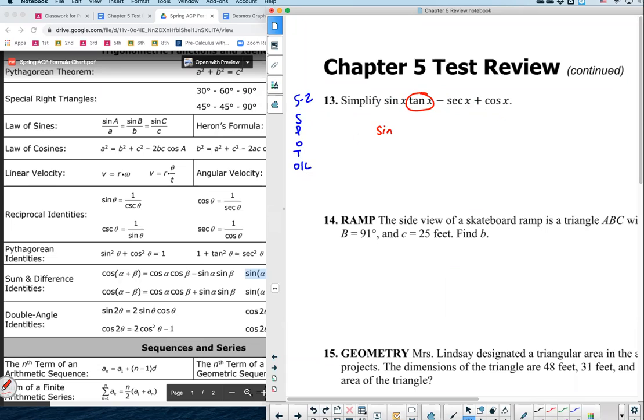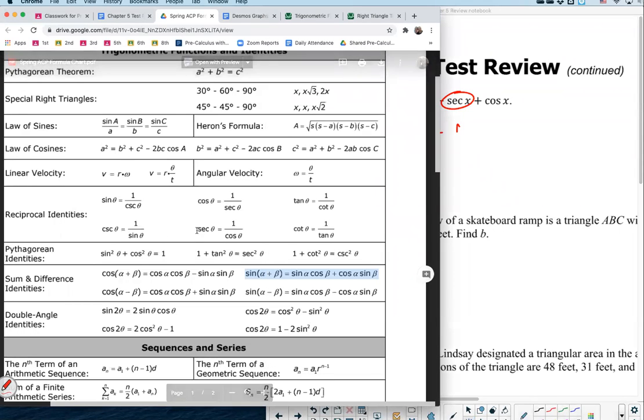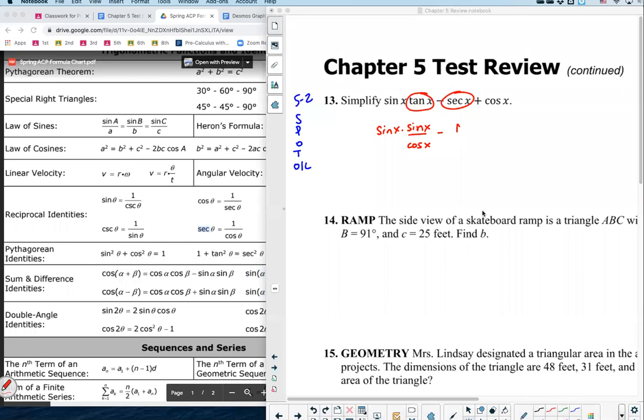So I have sine times tangent is y over x, or sine x divided by cosine. Secant, I can convert secant. That's 1 over cosine. Let me show you over here. Secant, where is it? There it is, 1 over cosine.